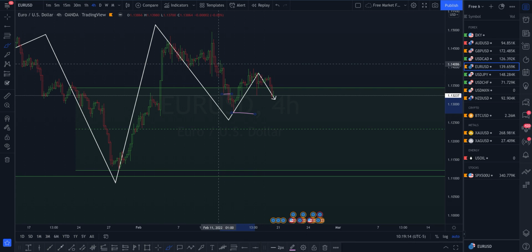We have this high, and we have this high. The market did not break this high or this high. So we would consider this to still be in a downtrend. Of course, we have that low there. That's very ugly, isn't it, guys?